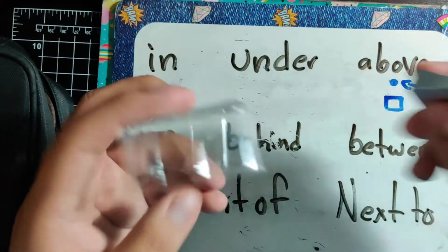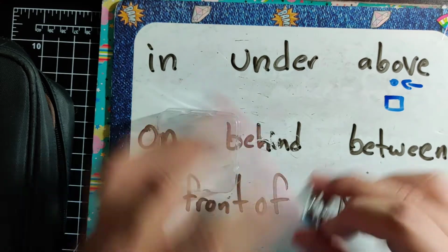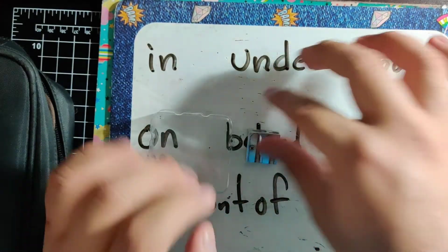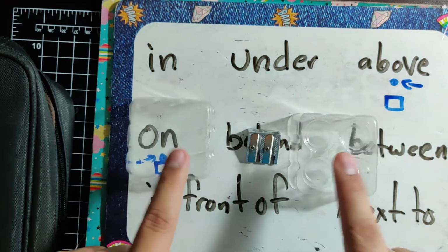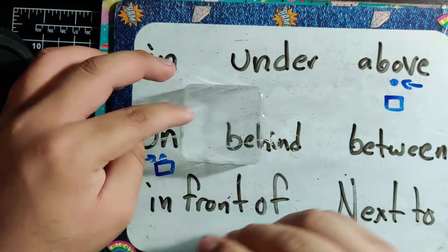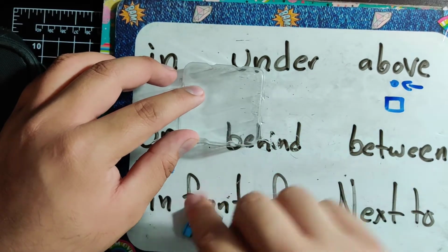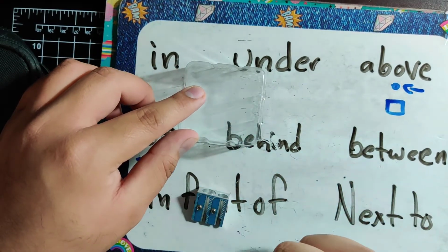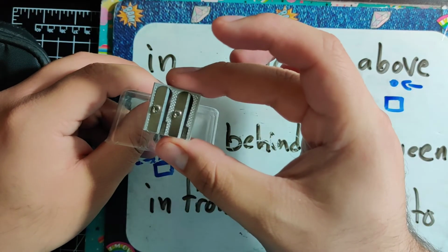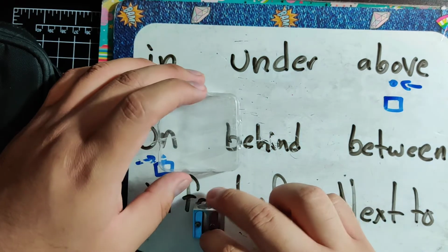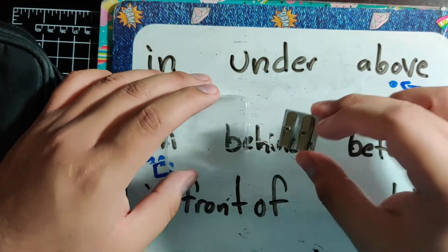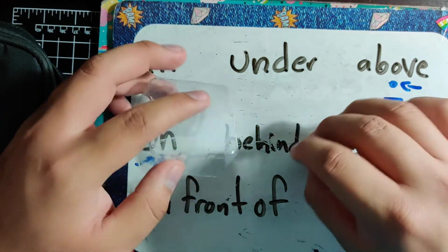Okay? Next one. Between. The sharpener is between the boxes. In front of. The sharpener is in front of the box. Alright? In front of the box. And next to is the sharpener is next to the box.